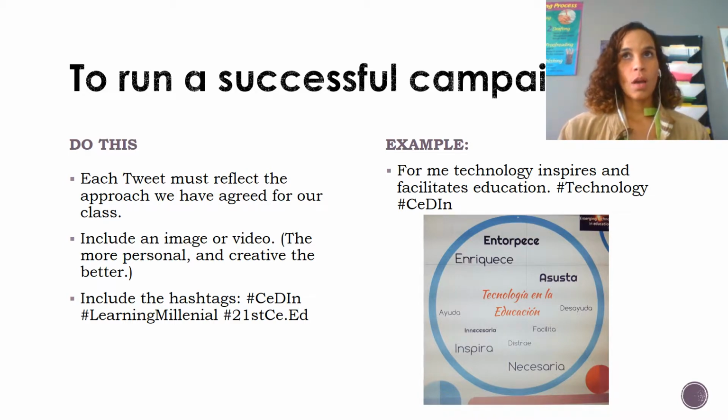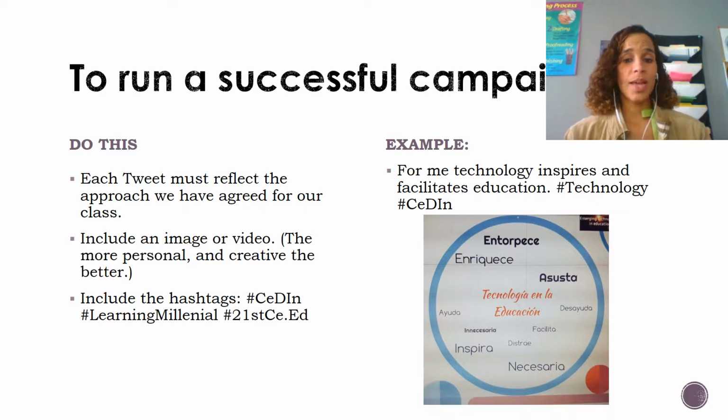Don't use photography out of Google because they will have copyright issues and it may result in an uncomfortable situation, okay? It's important also that you include within the hashtags, the hashtag setting, and especially the hashtag 21st century ed, okay? As it is shown here in the slide.